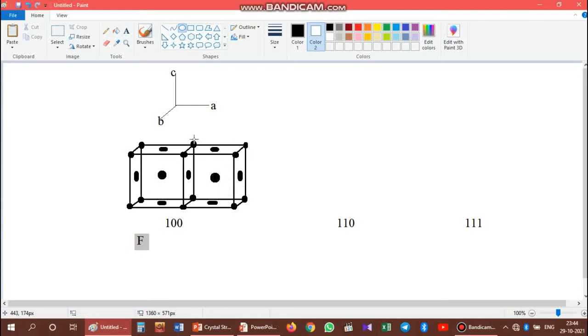Okay, so this is done. Now the back one. Actually the position of this one is wrong. This is the diagonal and this is the diagonal, so they are cutting at this point, so it should be moved a little.